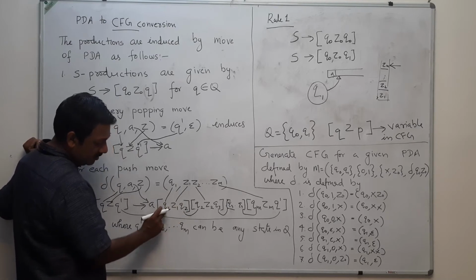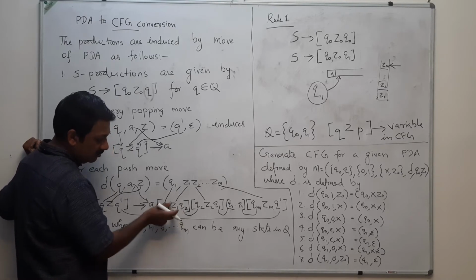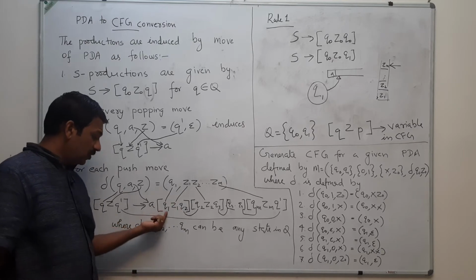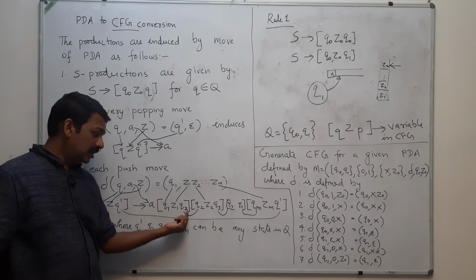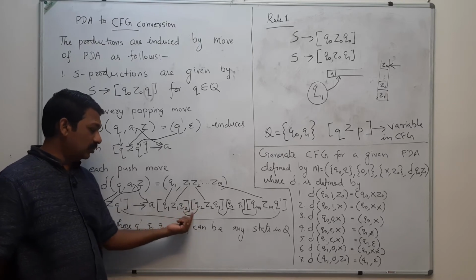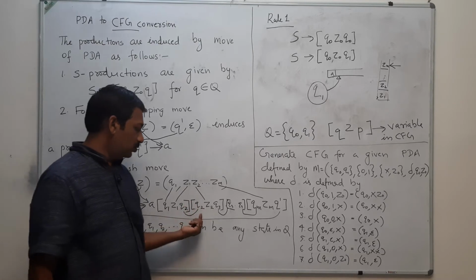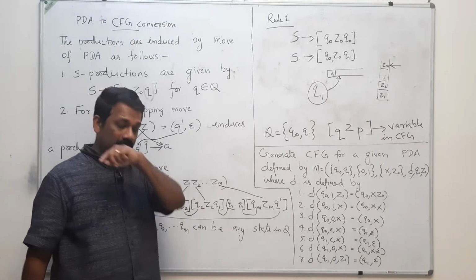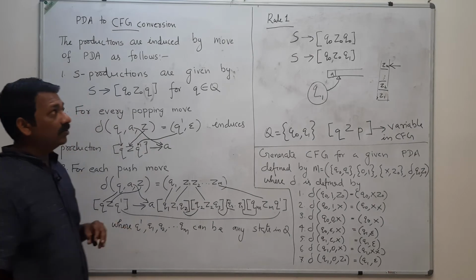That is, this is the initial and final state, and in between you have a stack symbol, and Q1 is set to Q2. Then the next variable should start with Q2. Here Q2 is set to Q3, and the next variable should start with Q3, and like that. Okay.